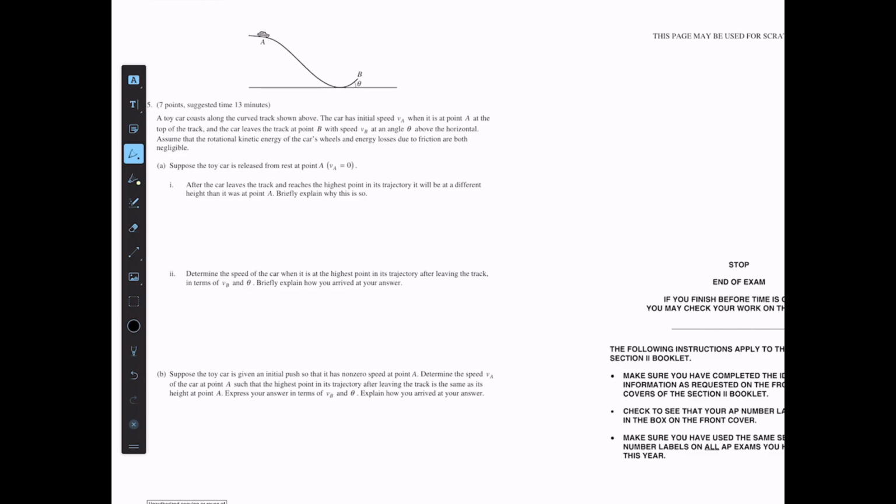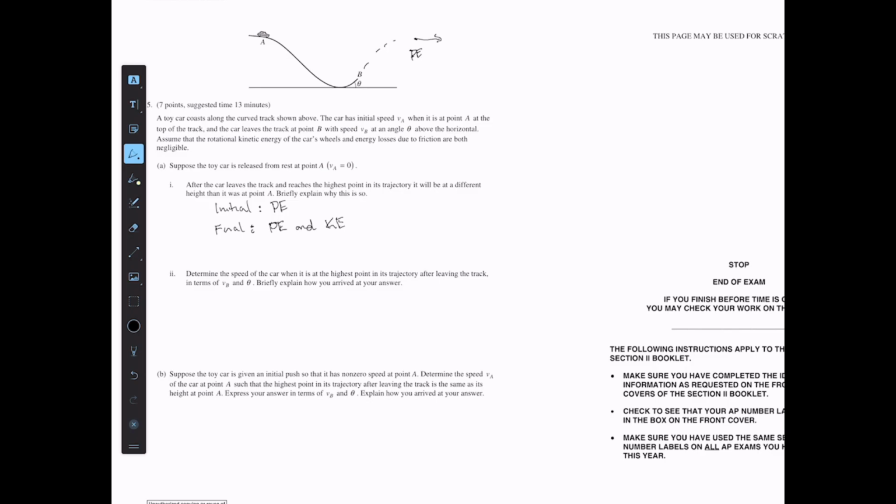So energy is conserved. Initially, there's only potential energy. But at its highest point in its trajectory, right here, it has potential energy and it still has horizontal velocity. So the final energy is potential energy and kinetic energy.